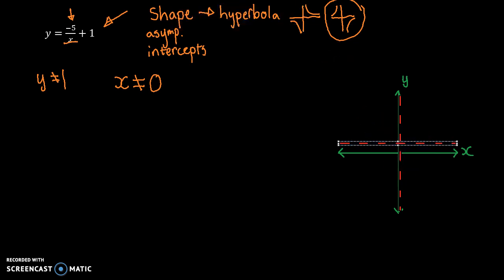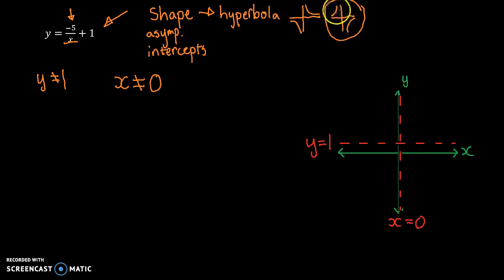And remember, I do need to label my asymptotes. Whoopsie, let's get the pen out. In this case, x is equal to 0 and y is equal to 1. We've labeled them like that because we're labeling the equation of the asymptotes.